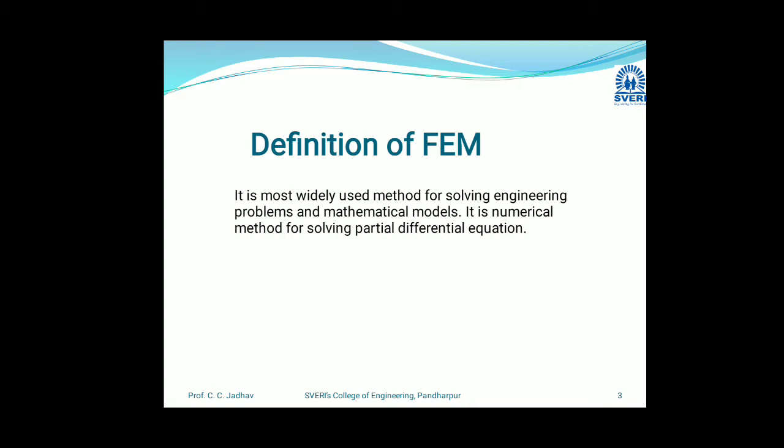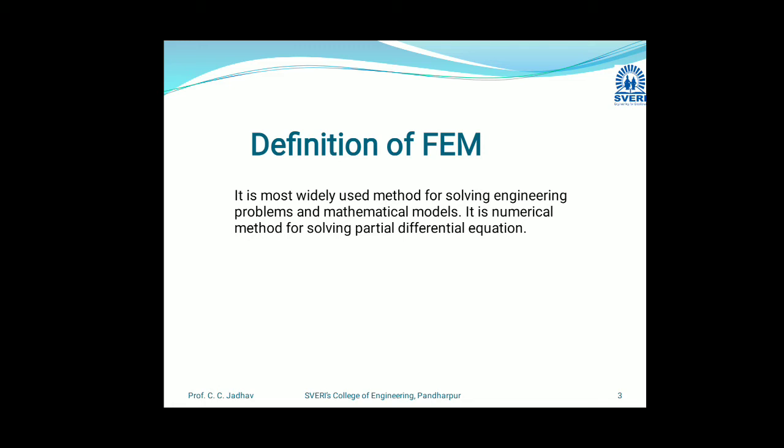So basically we are solving the problem by using this method, and this method is known for dividing the big problem into small problems, n number of problems. That is called discretization.